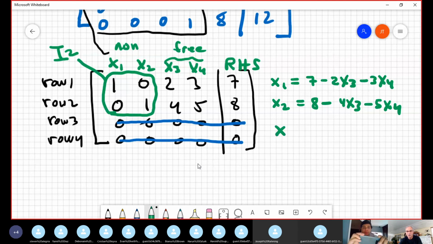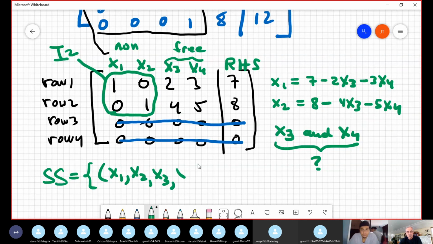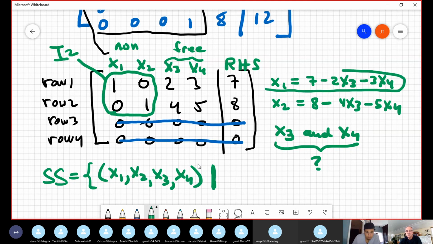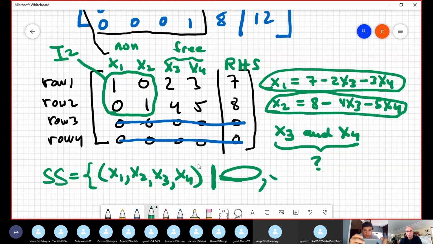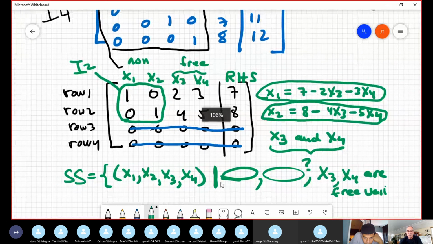And what about x3 and x4? Zero? No. So when you write the solution set, it is the set of (x1, x2, x3, x4) such that, you copy this equation here, comma, you copy this equation here, comma, and x3 and x4 are free variables, which is colloquial language.